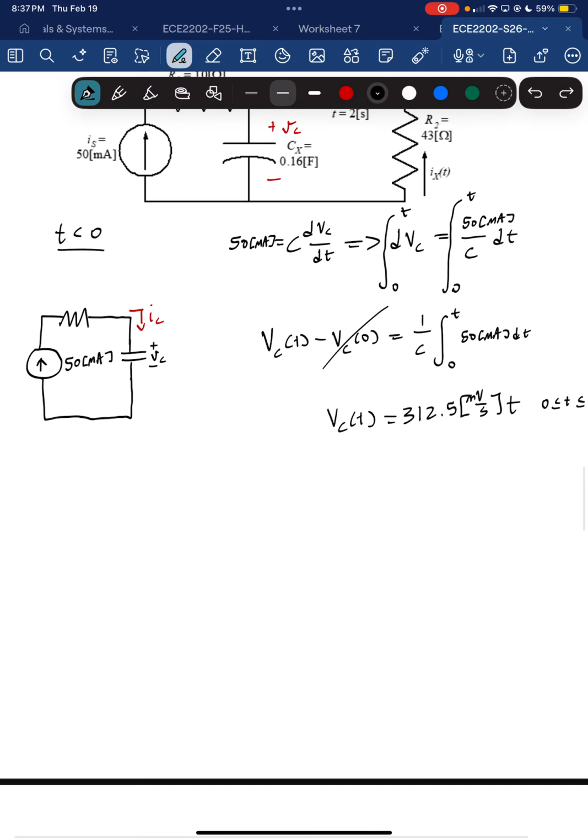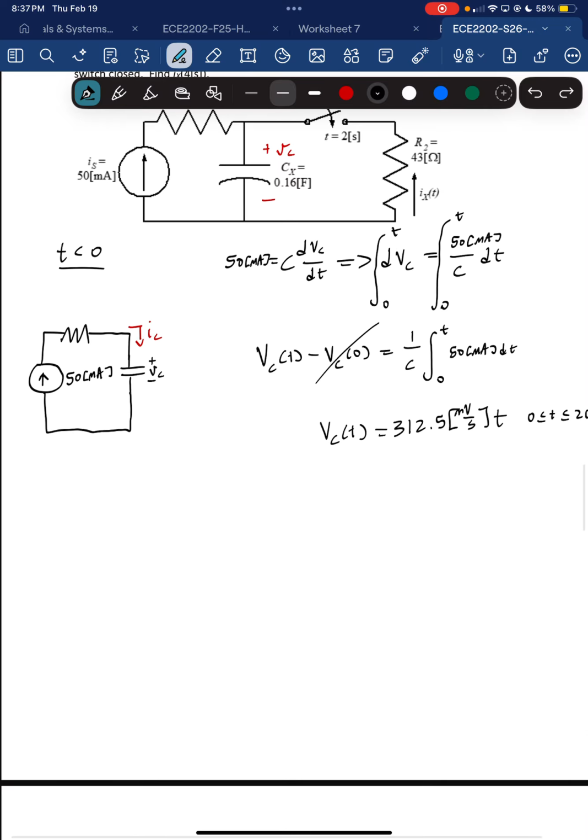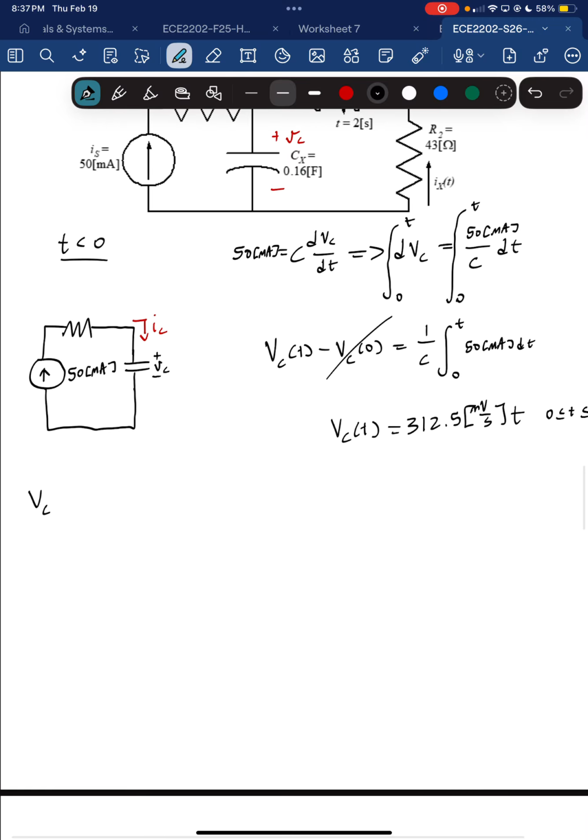But to take a step back, right, what we're looking for is the following equation. Since the switch closes at t equals 2, this is our equation.